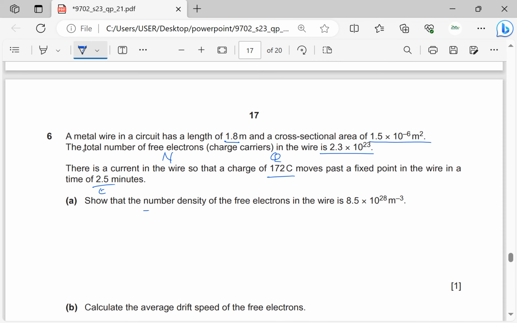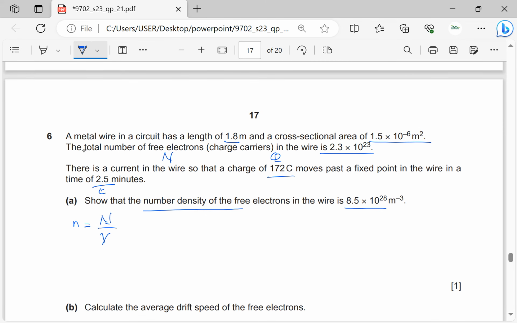Show that the number density of free electrons in the wire is 8.5. Of course, number density is small letter n, which is going to be the total number of free electrons divided by the volume, because it is the number of free electrons per unit volume.